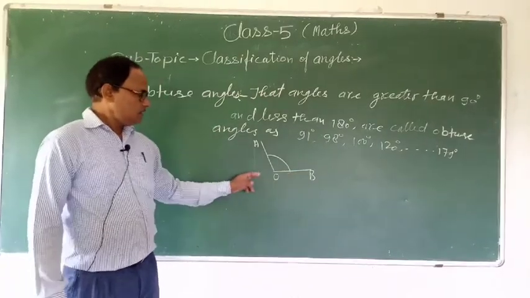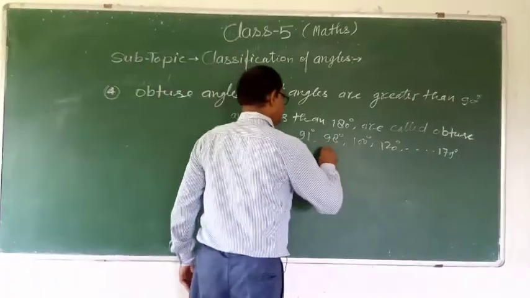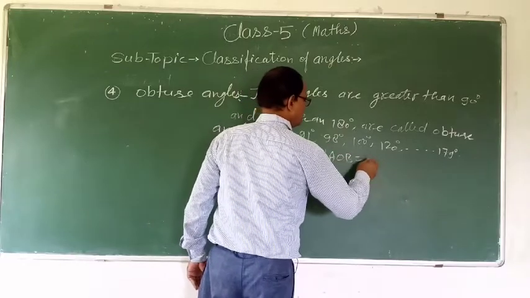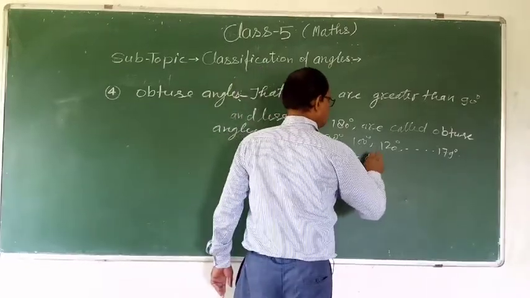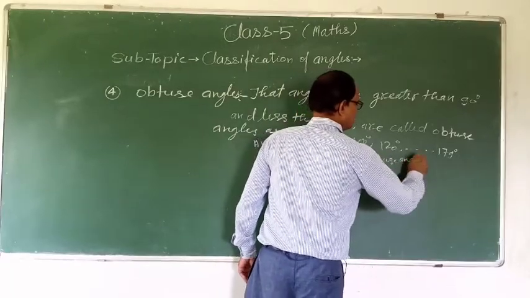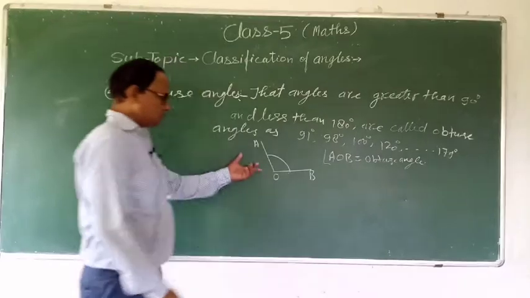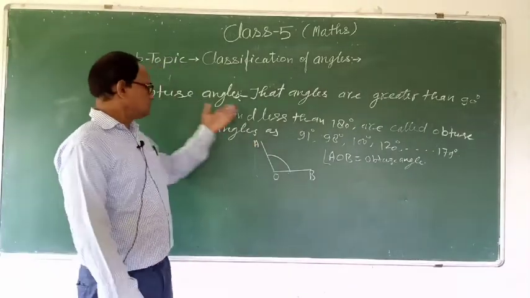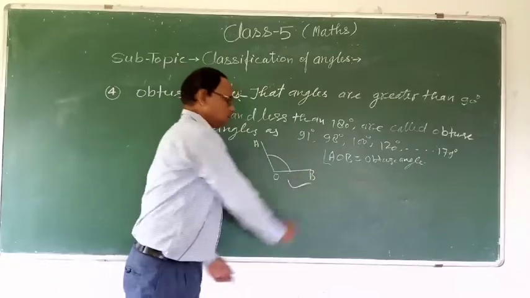AOB is an obtuse angle. Angle AOB is an obtuse angle. Okay, students, so this is the shape of an obtuse angle.